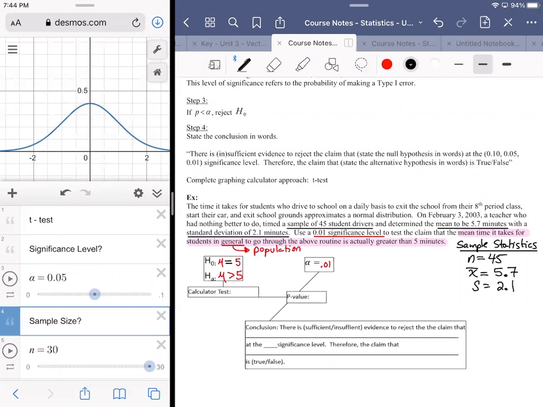Just because you have an alternative hypothesis that's greater than doesn't mean that the null is going to be the opposite of that and be less than or equal. What we're looking at for a null is some assumed value that we're going to default to if the alternative is not true. It's kind of like our reset. If you're flipping a coin, for example, the assumed value is a probability of 0.5 for heads.